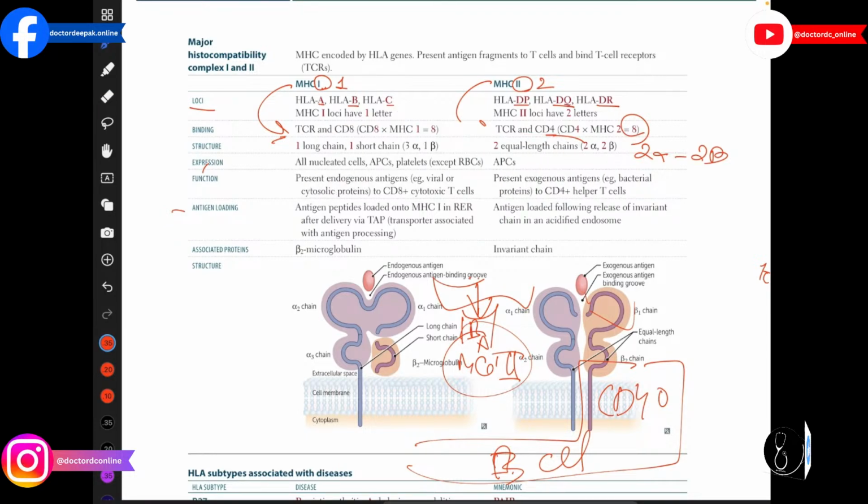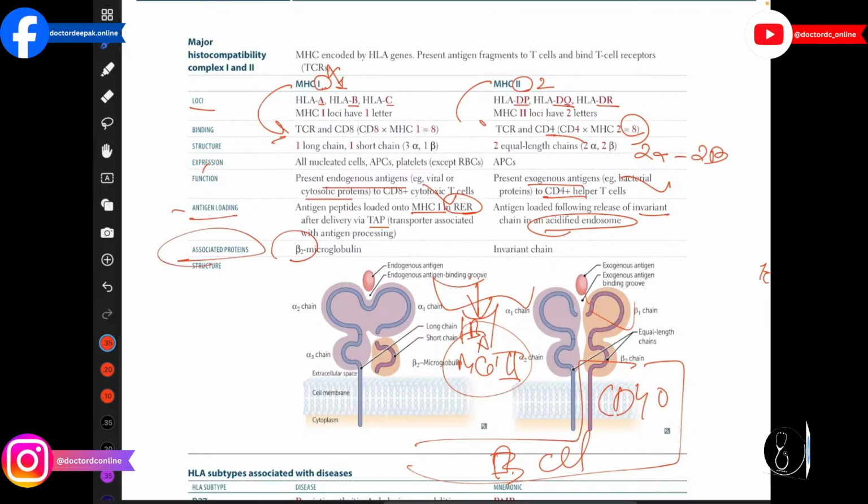Then if we talk about the function, there is the endogenous antigen, which I already told you, the viral or cytosolic proteins, and there is an exogenous antigen, which bacteria most commonly present to the CD4 helper T cell. For antigen loading, MHC1 is loaded in the rough endoplasmic reticulum and delivered via TAP, but here in MHC2 the loading is with the invariant chain in acidified endosomes. But for MHC1, there is no acidified endosome, there is the rough endoplasmic reticulum.